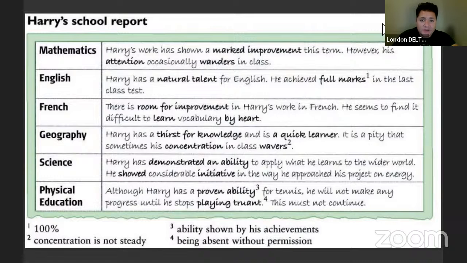Okay, so first we have a marked improvement. What is the meaning? Marked improvement. You understand? La mejoría de calificaciones. Very well. Okay, then we have the attention wanders.